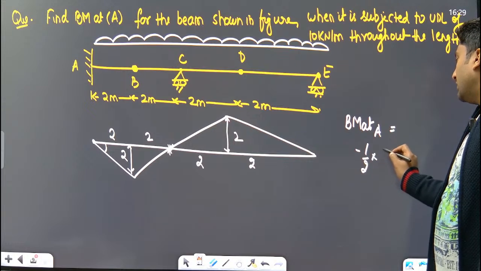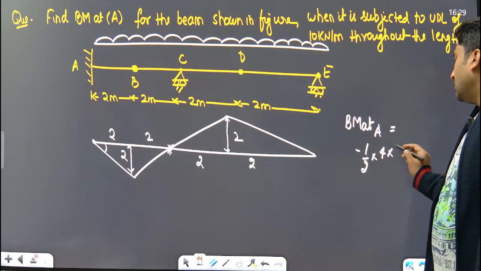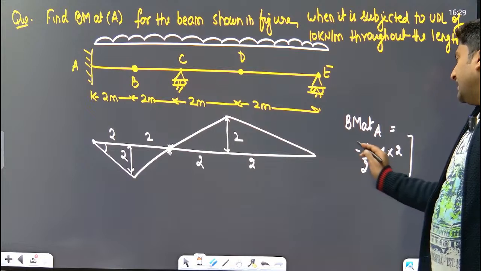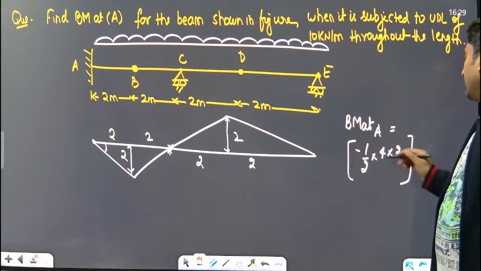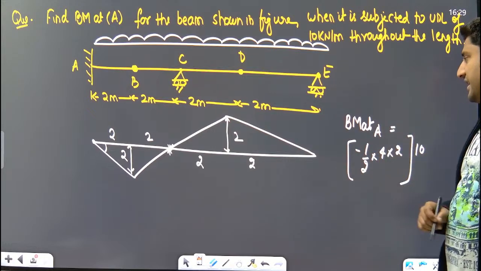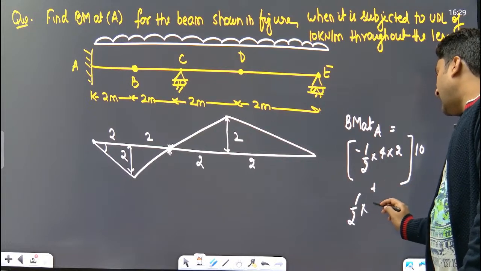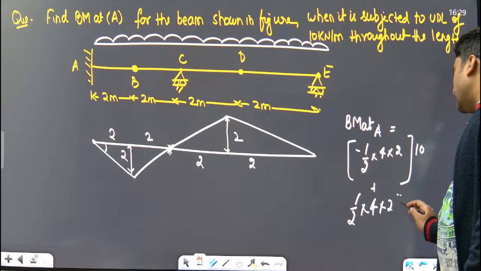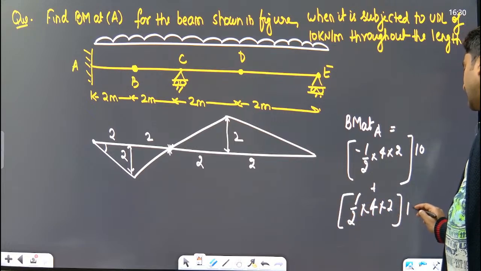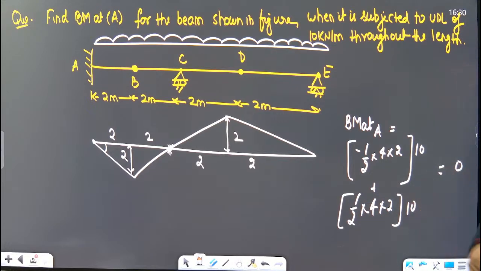Half base is 4, height is 2. This is the area under the curve. The UDL magnitude is 10. This is negative, and plus half base into height, again with UDL magnitude 10. So net is 0.